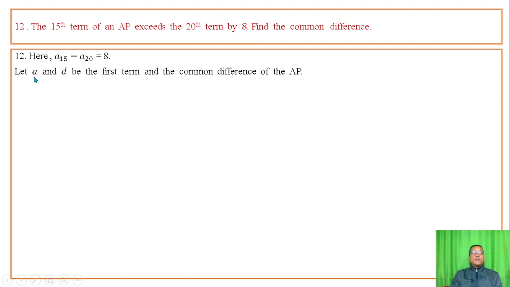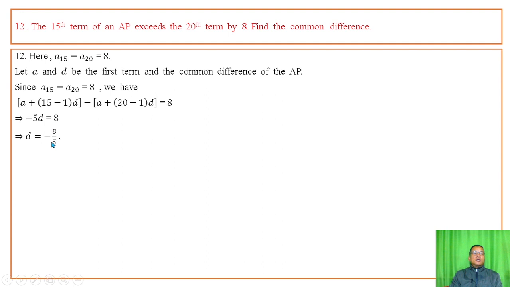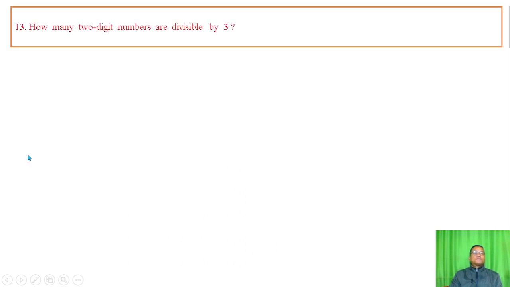Since a15 equals a plus (15 minus 1) times d and a20 equals a plus (20 minus 1) times d, eliminating a gives d equal to minus 5 by 5, so the common difference is minus 1 (as computed).